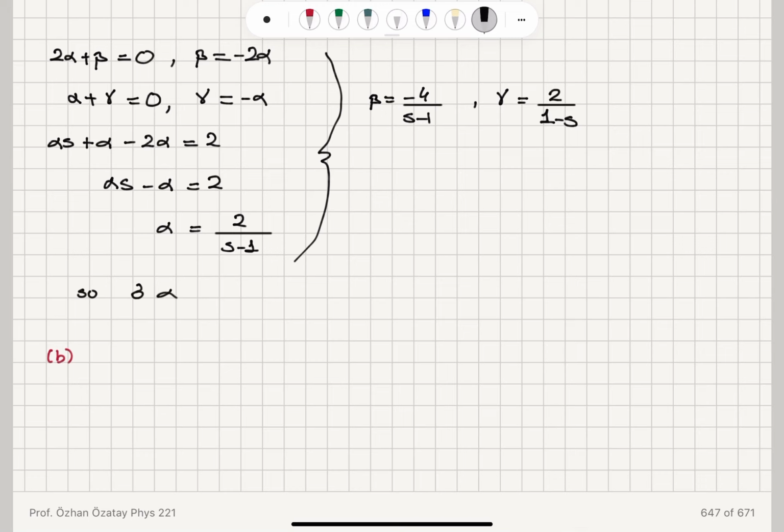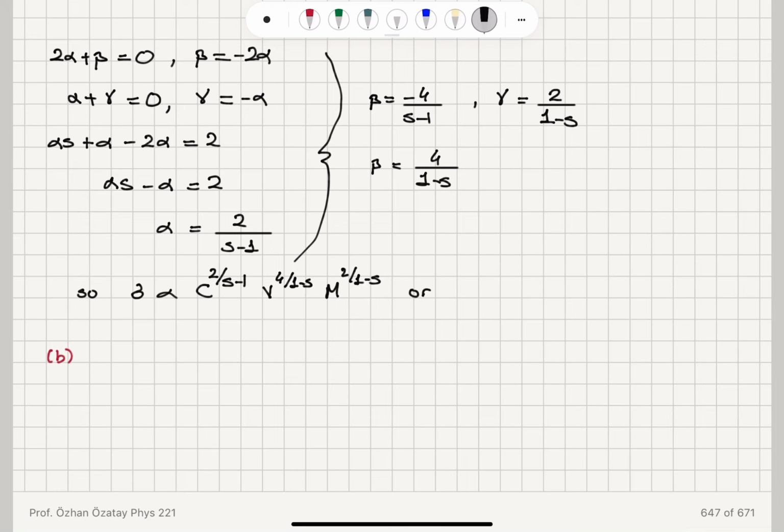It is C to the power alpha, which is 2 over s minus 1, v to the power beta, which is 4 over 1 minus s, and m to the power gamma, which is 2 over 1 minus s.